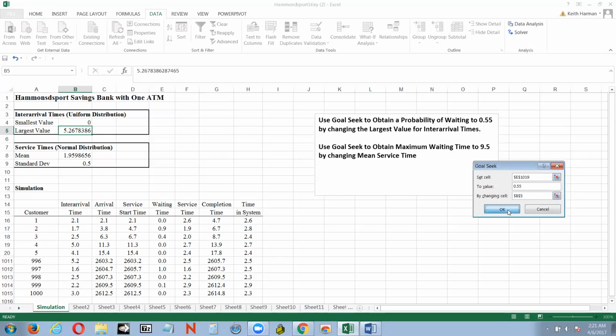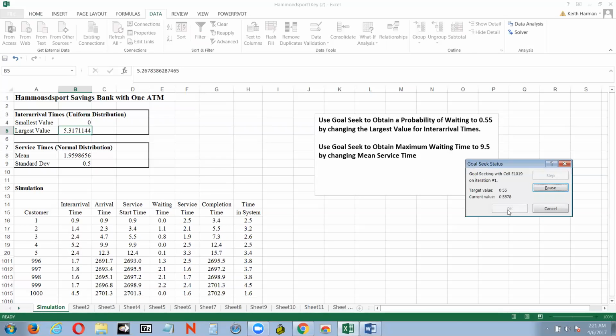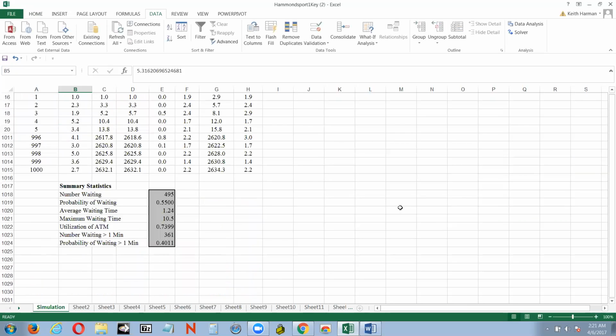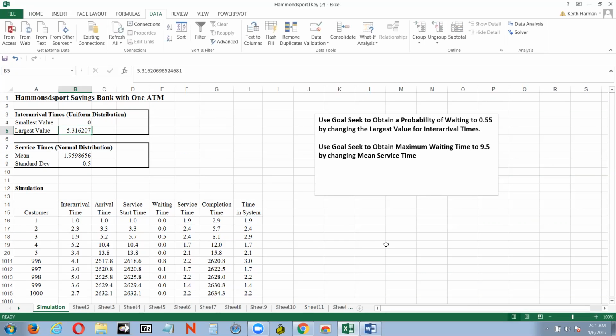And we'll run and see what we get. Okay. Now, in this case, the largest value was 5.316207. And we find that the target value, we'll click OK, we'll accept that, is 0.55.